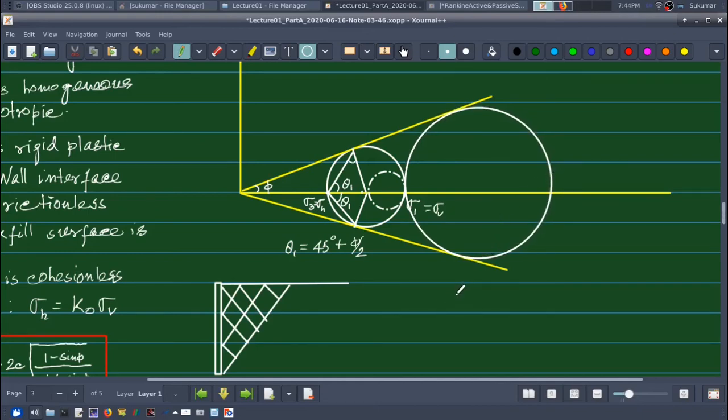Okay, so gradually now I am increasing sigma h, and this time this value will be sigma 1, isn't it?